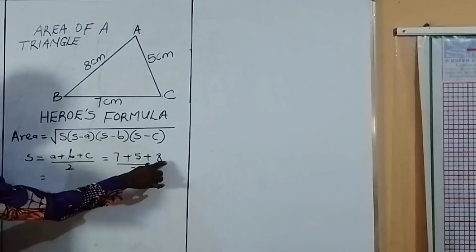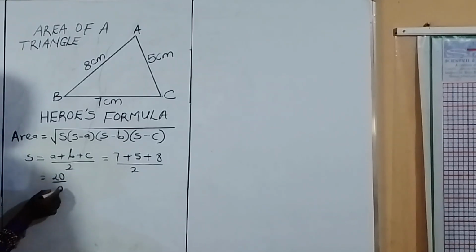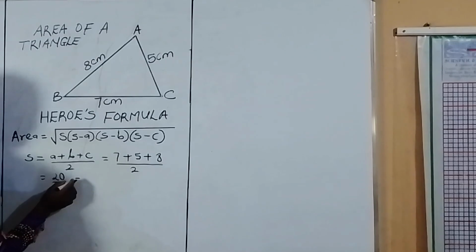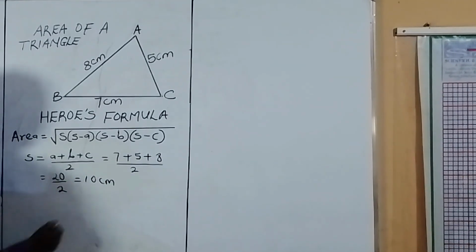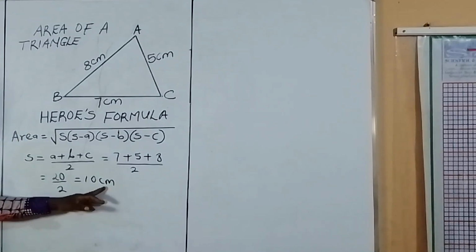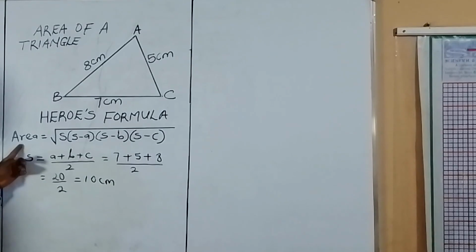Then adding these three together, we get 20 divided by 2, which means our S is equal to 10 centimeters. That's what our S will be. Then the next step is for us to substitute into this formula to get our area.